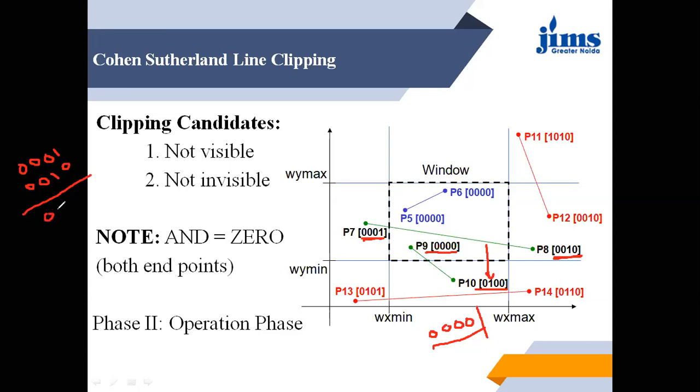So when we get 0 by performing an AND operation, in that case we have to perform the clipping. So in the third case, we have to start the next phase, that is the operation phase, and in the operation phase we have to clip the line.